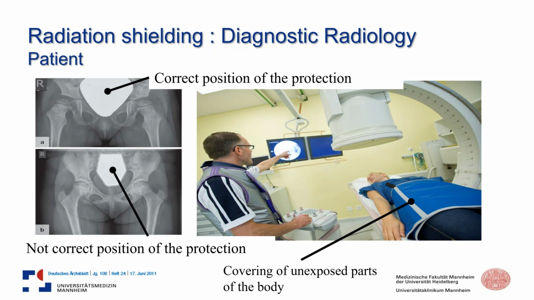So in this area, with 1 millimeter lead, you force the photo effect in this lead, and you are able to shield this area completely, also in the primary beam.